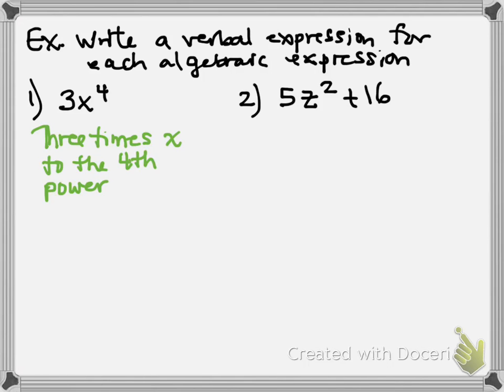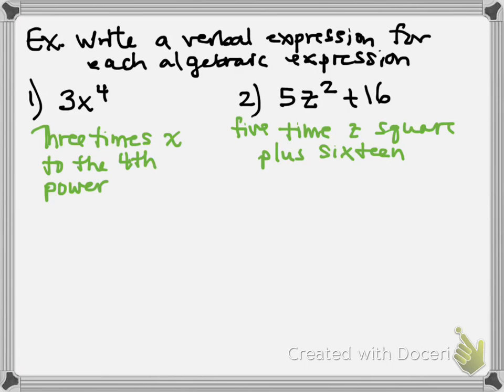So I would probably do the slightly more sophisticated 5 times z squared plus 16. And I think I might actually change 5 to a word as well. That was cheesy on my part. But I liked how Nico did not forget you've got to say times. Okay. All right, let's do one more.